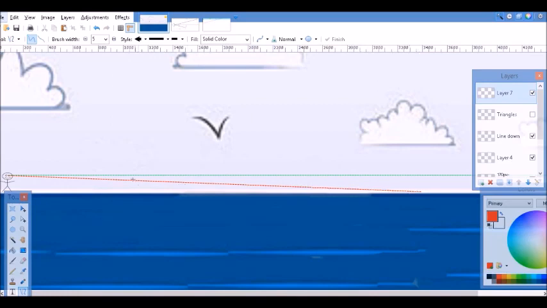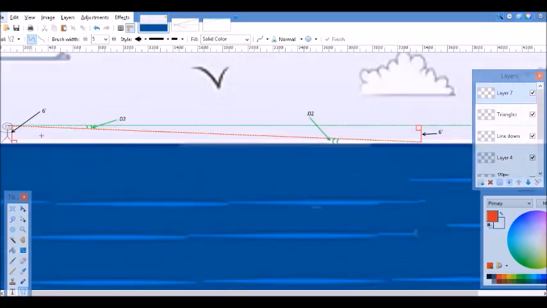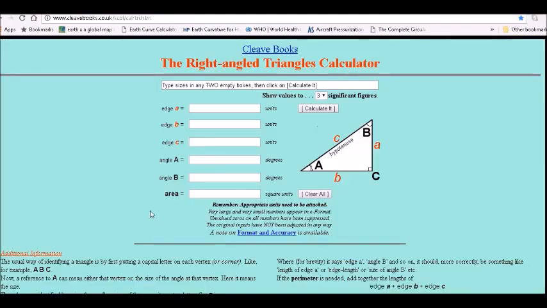If you make right triangles out of this, you can plug in the person's height and the angle of 0.02 to figure out the distance. Now, as a rectangle, this angle will be equal to this angle, and so let's take these values and put them into the right angle triangle calculator to see how far this base section is.